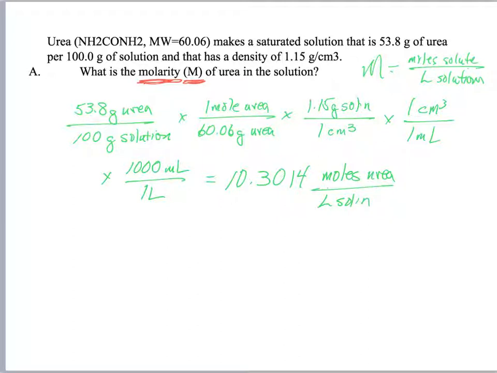When we round that to 3 significant figures, because of the way the numbers were given in the problem, the best representation of our solution is that it is 10.3 molar in urea. So capital M is molar. I hope this was helpful. Good luck working your problems.